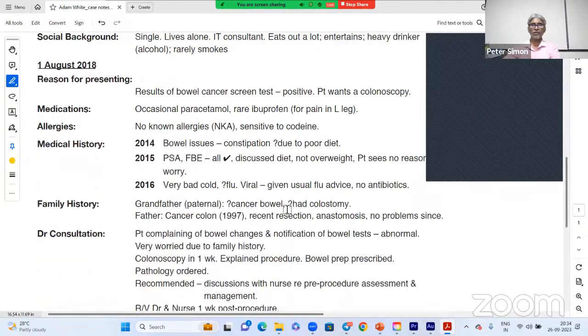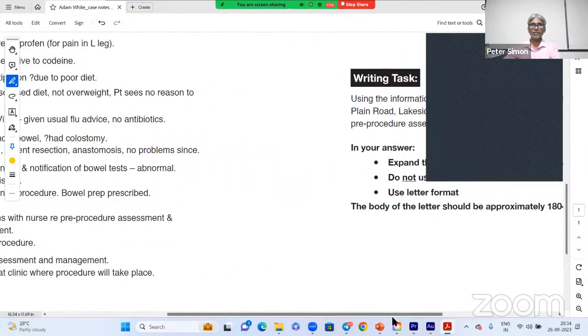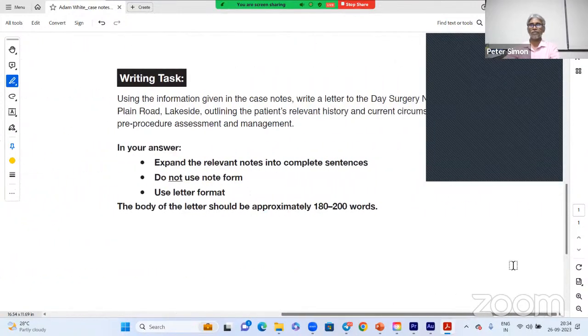How do you know? You'll go to the letter. Okay, second part. Here it is. Who is receiving this letter?